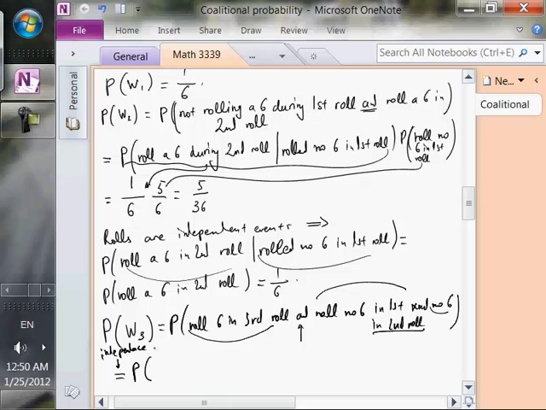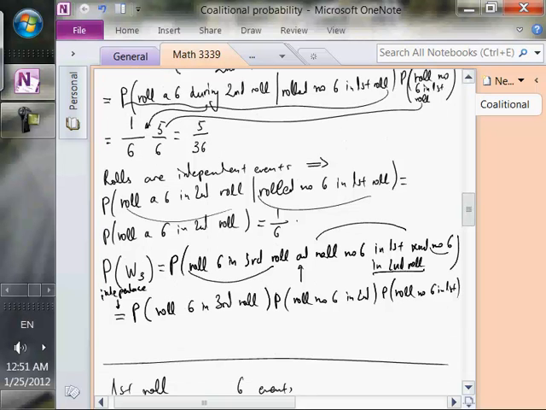Let me squeeze it here. So that would be equal to the probability of rolling a 6 in the third roll, times the probability of rolling no 6 in the second, and times the probability of rolling no 6 in the first.